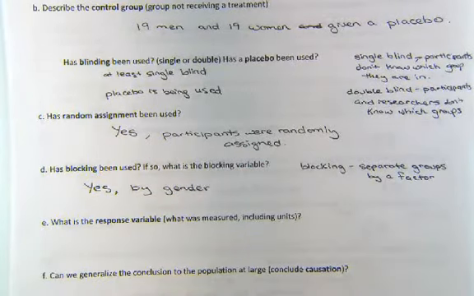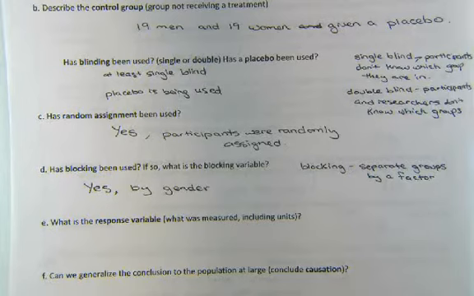And this can be helpful because male and female bodies respond differently to treatments, especially in terms of weight loss. So it can be important to have an even disbursement between the two groups, like knowing you have those 38 men and those 38 women, and keeping their data separate, because based on gender, bodies behave differently. Blocking doesn't have to be used, but for certain types of experiments, it can be good.